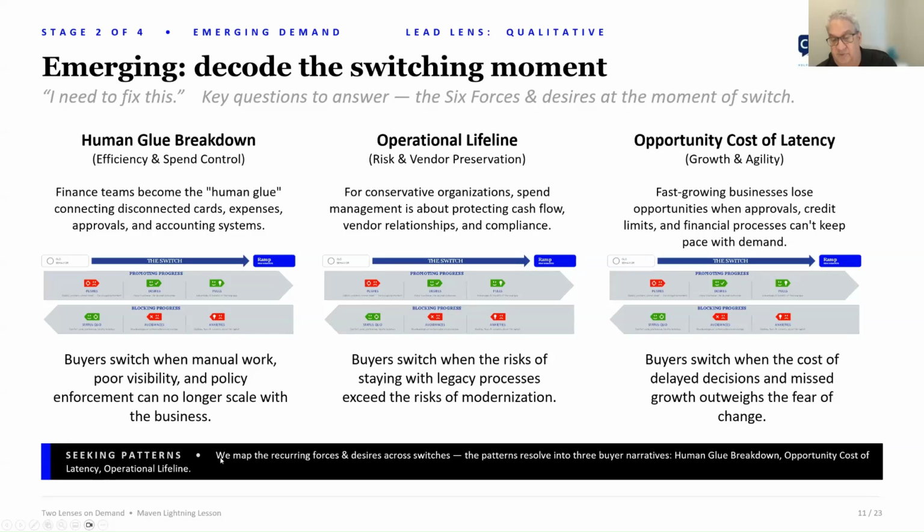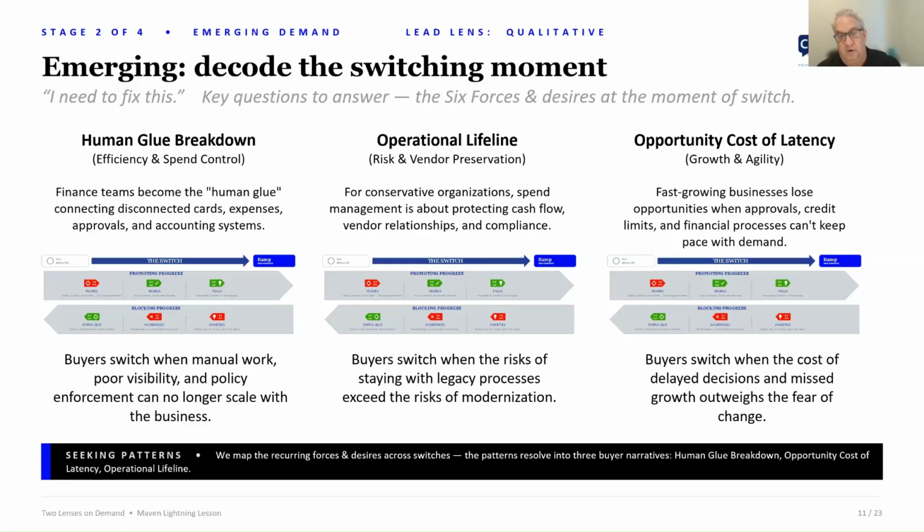In the second context, buyers switched when the risk of staying with legacy processes exceeded the risks of modernization. And in the third context, buyers switched when the cost of delayed decisions and missed growth outweighed the fear of change.